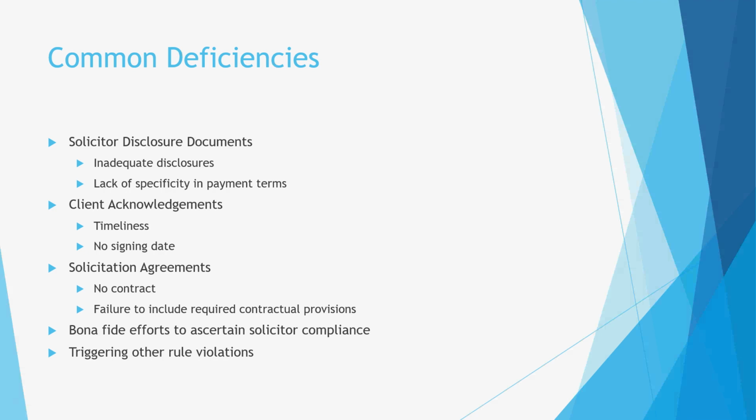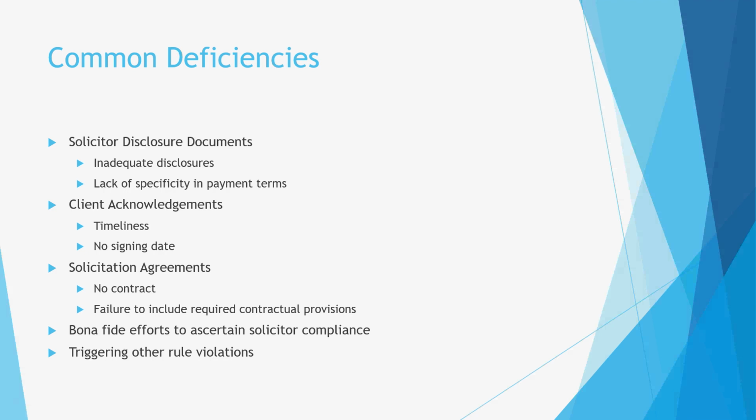So going back to the deficiencies, the SEC noted there was a failure to provide solicitor disclosure documents. That was the first deficiency they found: failure to provide these to prospective clients. They noted frequent instances where the solicitor disclosure documents were delivered, but the disclosures themselves were inadequate and did not contain all the information required by the solicitor rule that I went over earlier.